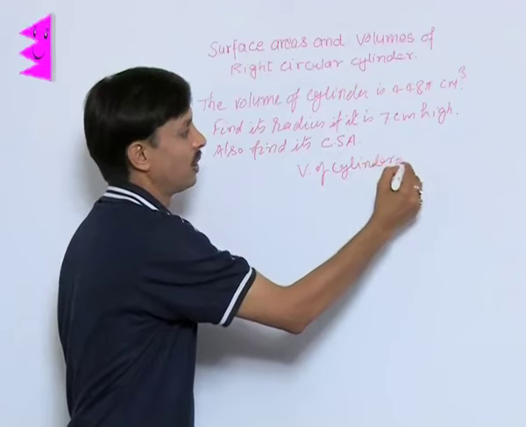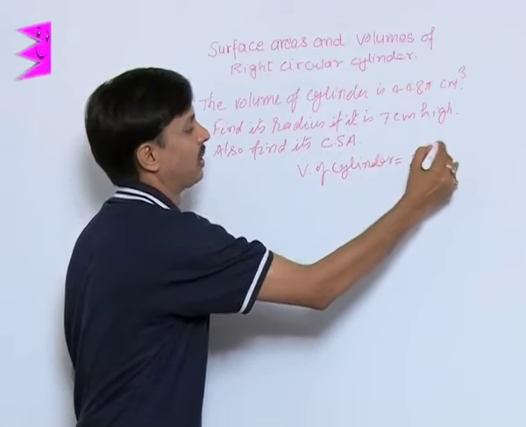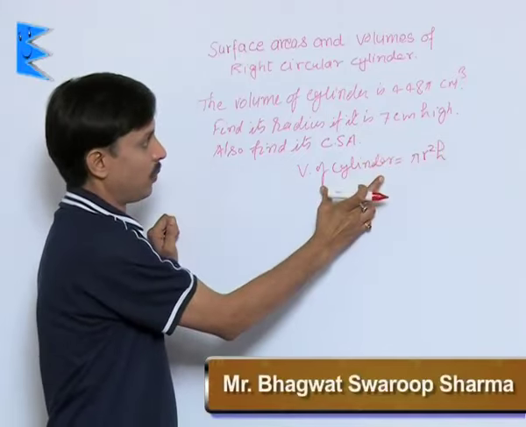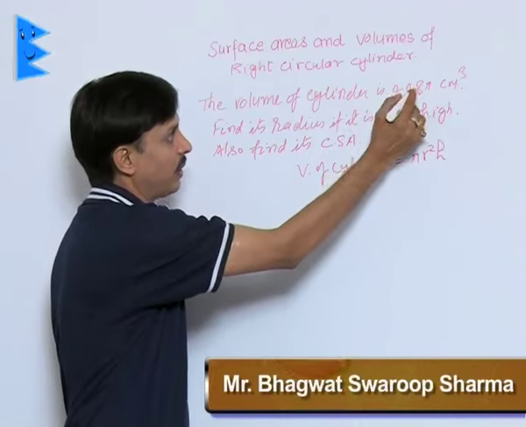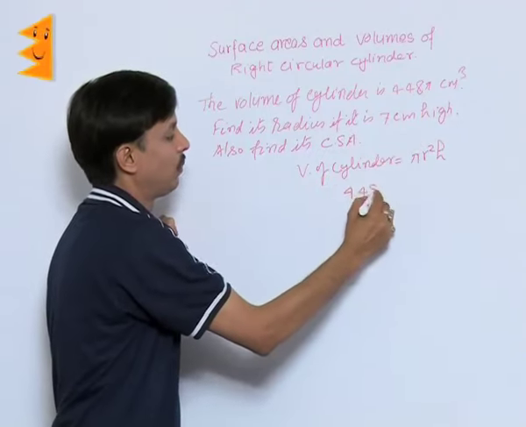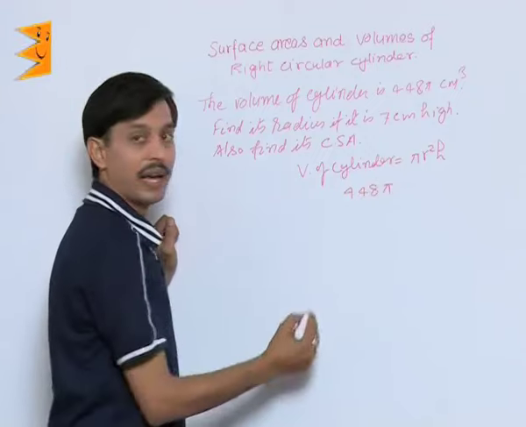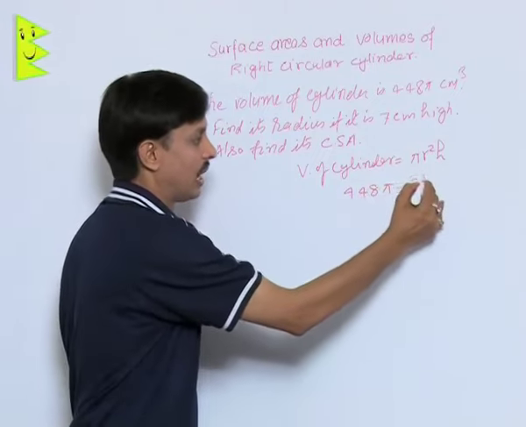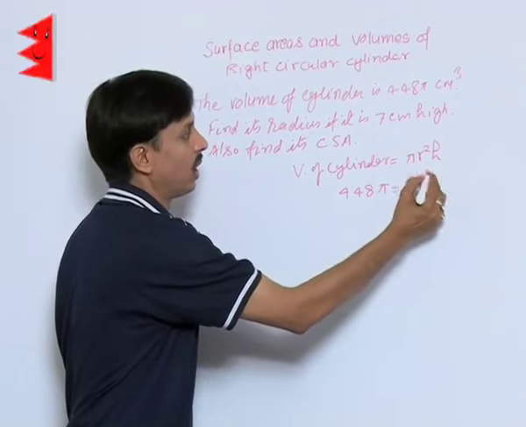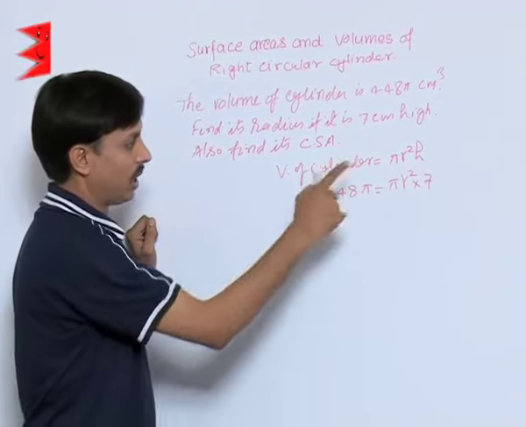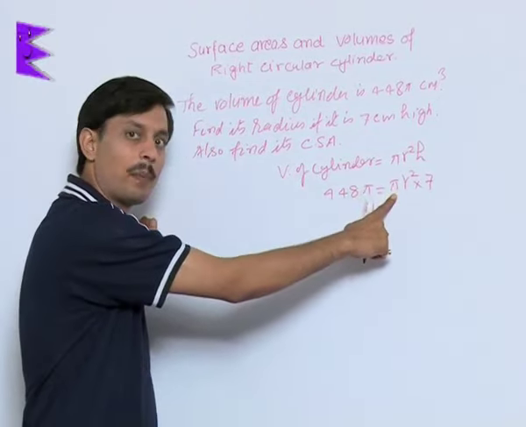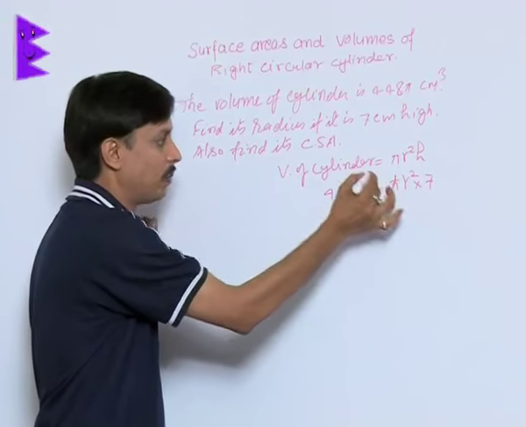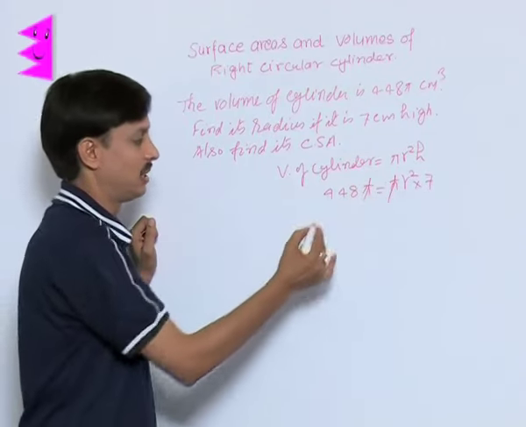The volume of the cylinder, we know that it is pi r square h. The volume of the cylinder is mentioned here, 448 pi is equal to pi r square into height 7. I have not put here the value of pi because pi and pi will cancel.